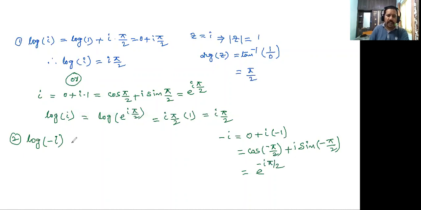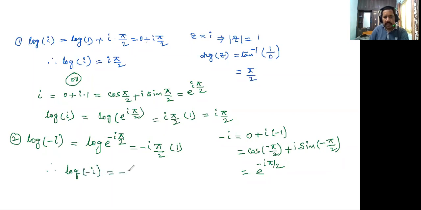In place of minus i, write that value e power minus i pi by 2. Power is coming in front of the logarithm. You'll get minus i pi by 2. Log e to the base e value is 1. So finally, logarithm of minus i, what is the answer? Minus i into pi by 2. You can follow the formula method or polar form method. Both are easy only.